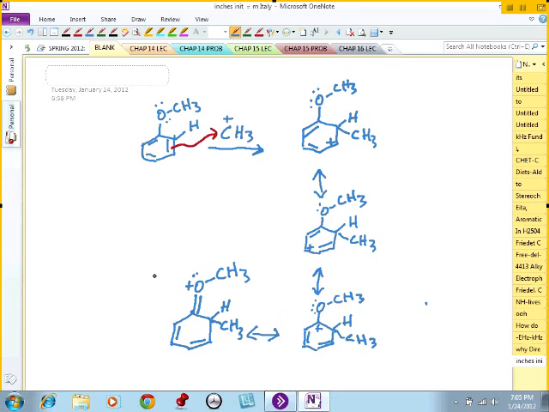Because now, of course, we know that the product that we want could come very easily from here. Come from here, for example.